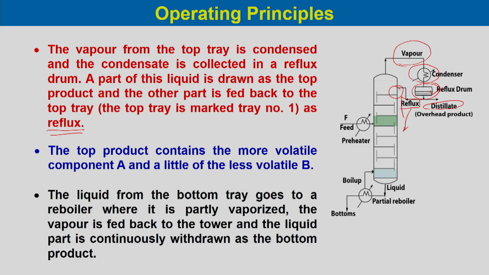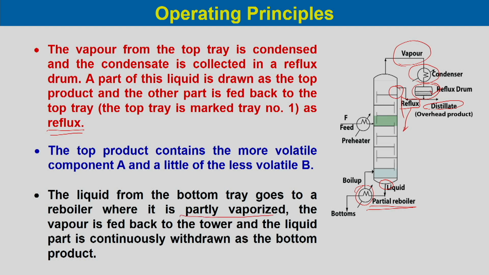The liquid from the bottom tray goes to a reboiler where it is partially vaporized. You can see that the liquid at the bottom which is coming out goes to a reboiler where it is heated up and partially vaporized. So, it is called a partial reboiler.